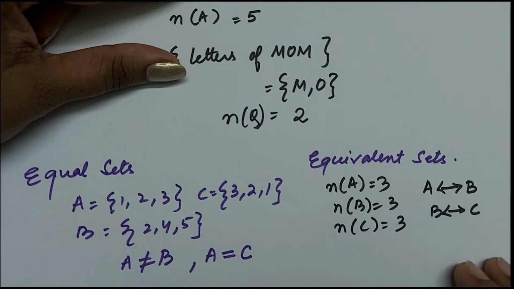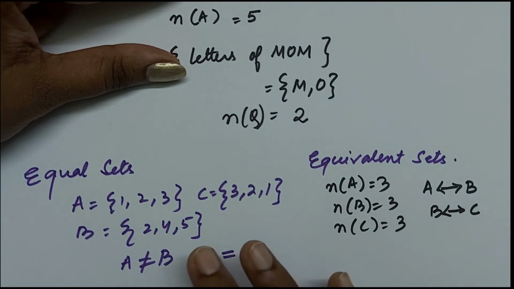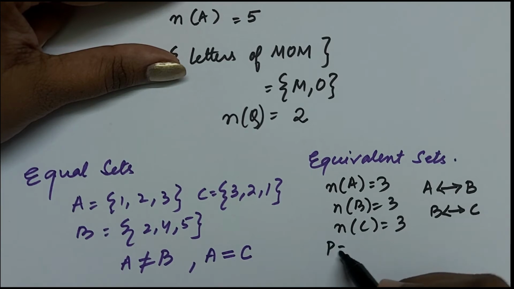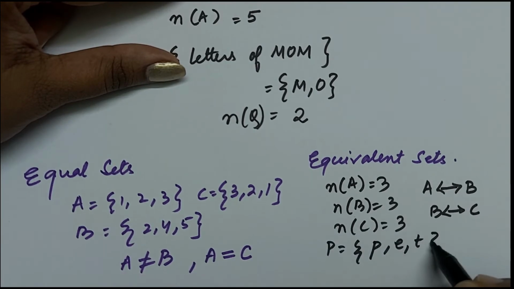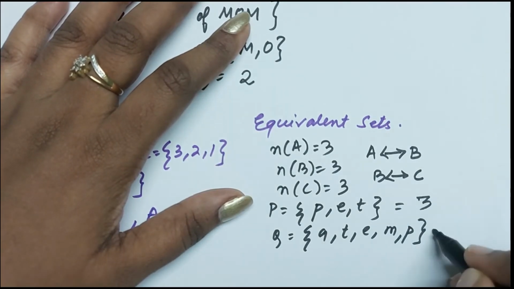So equivalent sets are those sets which have the same number of elements. Not the same elements, but the same number of elements. So here you have to check the cardinal number, but for equal sets you have to check the elements themselves. For example, if P has P, E, T and Q has A, T, E, M and P, here the cardinal number is 3 and here it is 5.